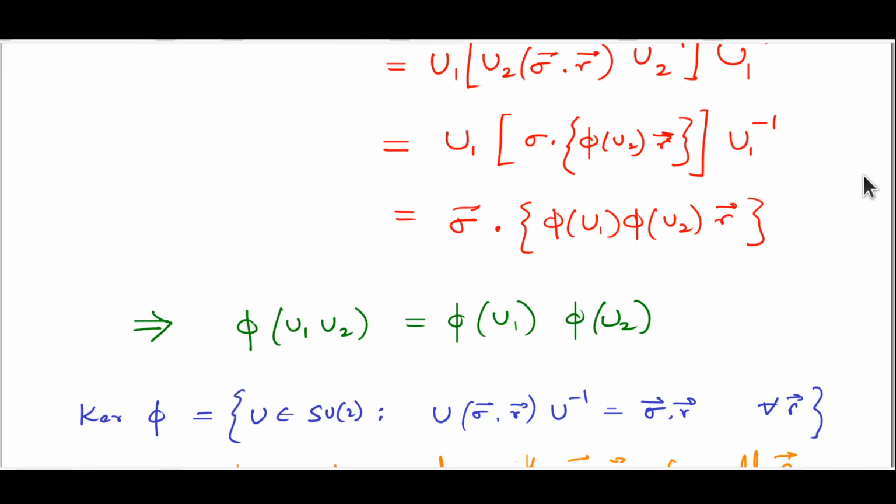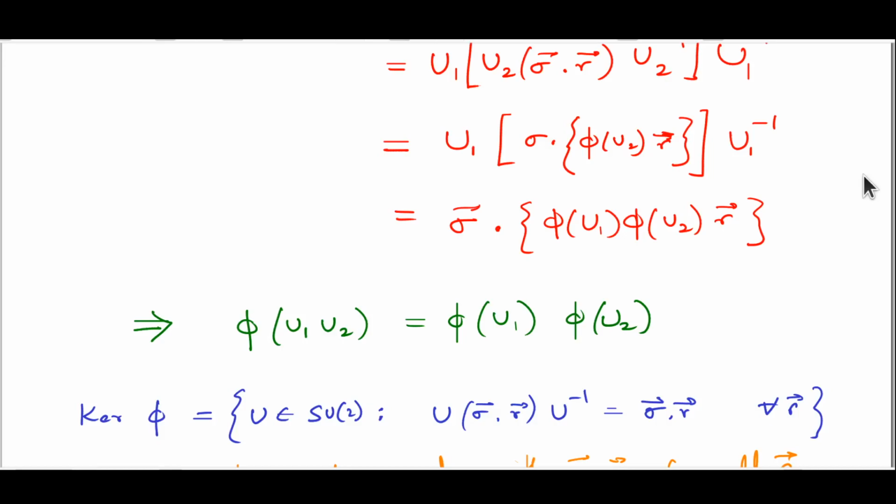The kernel of this map phi, of course, is the set of all such elements of SU2 for which u sigma dot R u inverse gives you exactly the same matrix back, that is, u sigma dot R u inverse is sigma dot r for every r. And hence the corresponding phi u is the identity map acting on r.